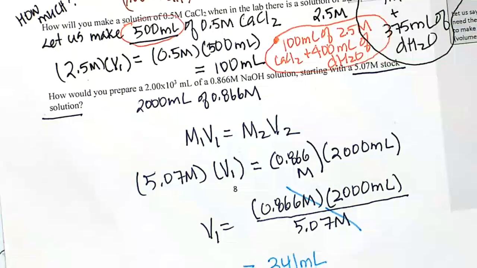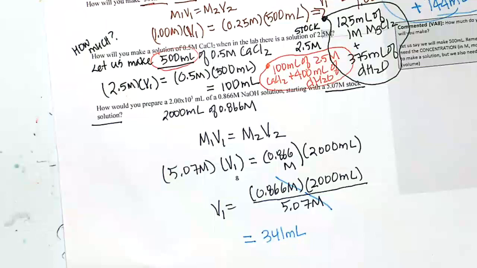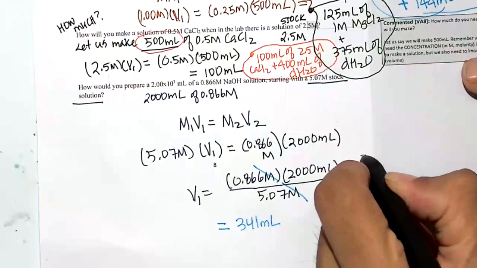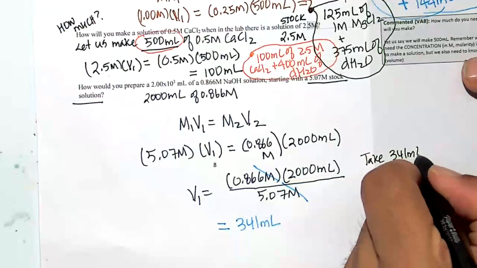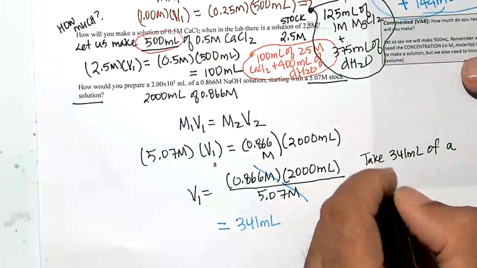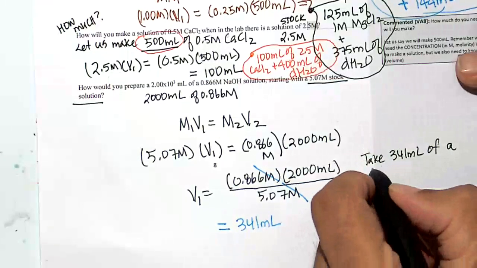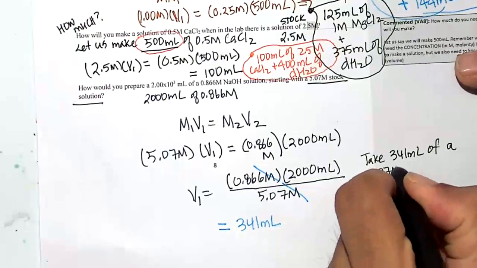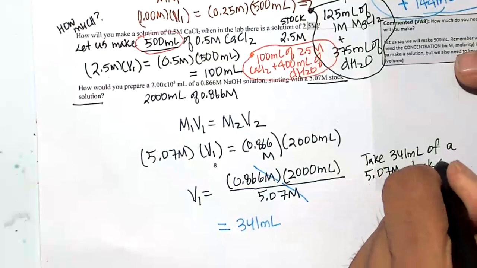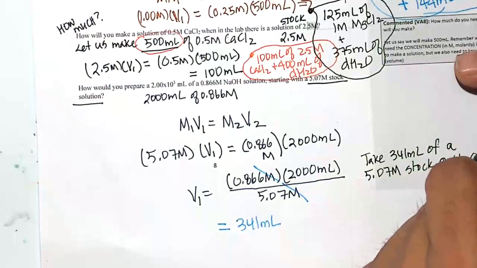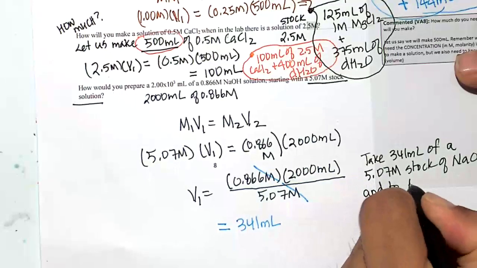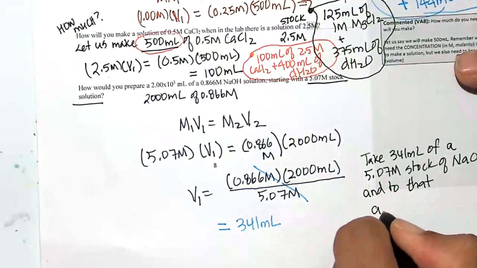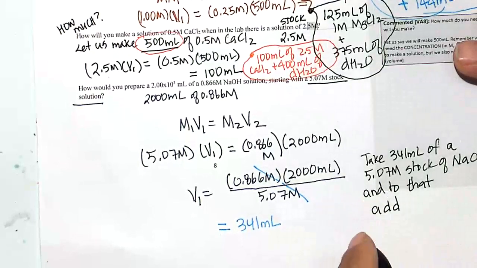Okay. So this is not the answer you want to put on the exam. You want to add a little bit more explanation. So what you'll say is you take 341 mLs from or out of the 5.07 molar stock of NaOH, and to that add how much water?